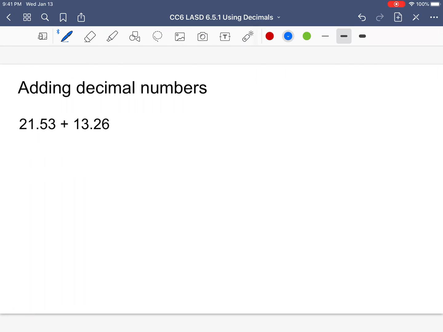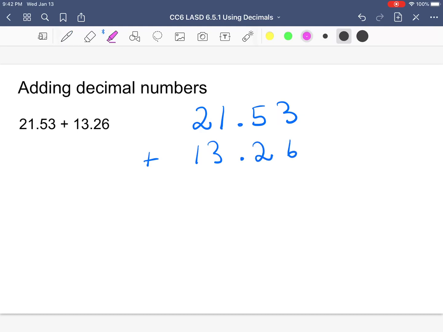So let's start by adding 21.53 and we line them up vertically so that the decimal points are directly above and below each other, and the decimal point in the answer will be directly underneath as well.